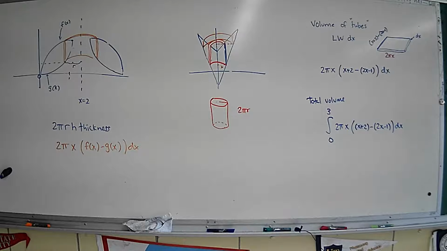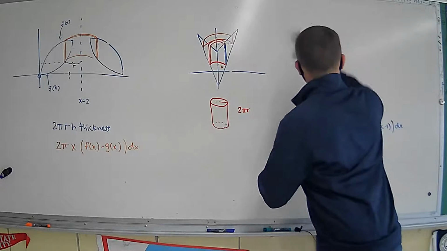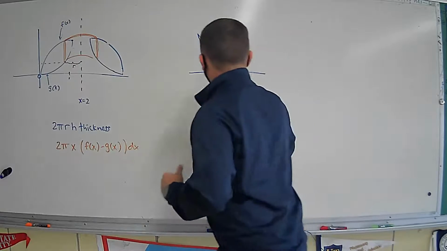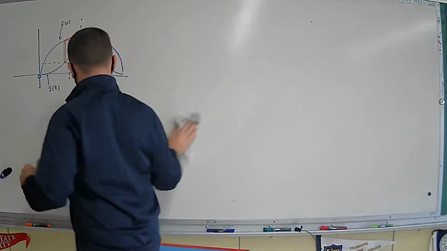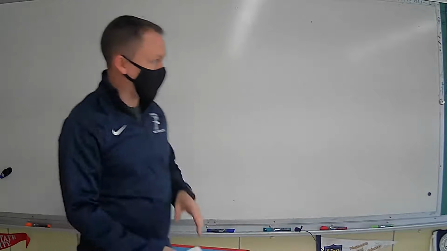So I worked out those problems that were in the book for you all, and there was one I did wrong. Number 99. Number 99 was that region right there, bounded by y equals x plus 2 and y equals 2x minus 1.